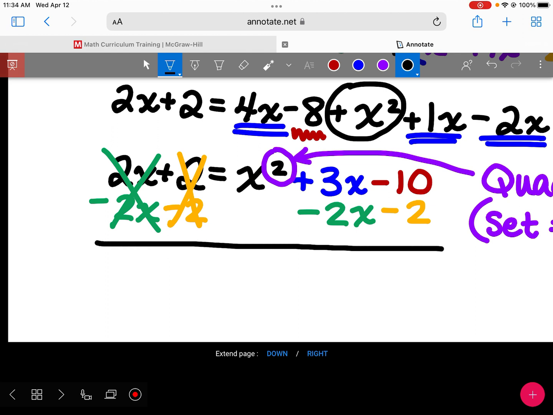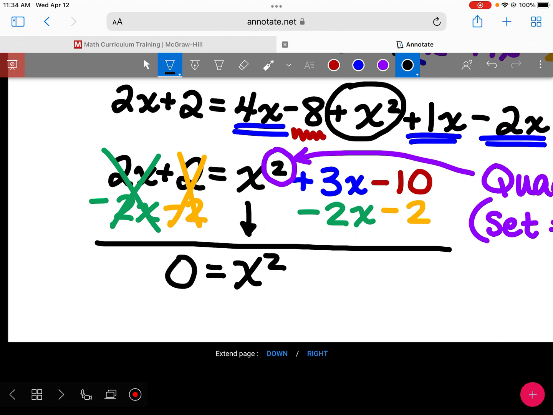Do I have a 0 on the left side now? Yes, everything canceled. So 0 equals, does my x squared have anything it needs to combine with? So I'm just going to bring that straight down, x squared. What about my 3x? Does it have anything it needs to combine with? 3x and minus 2x, right?